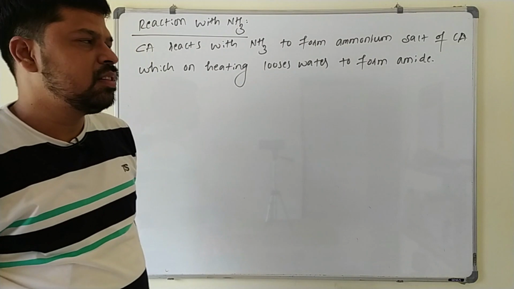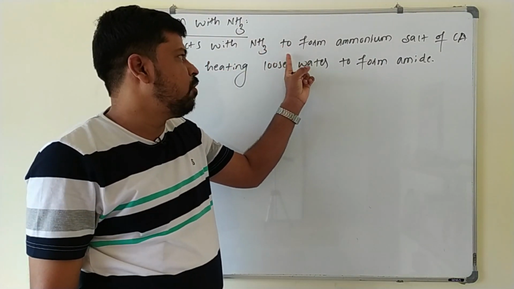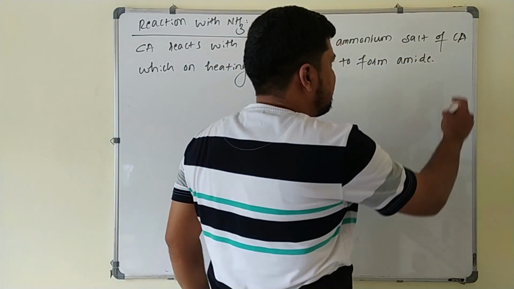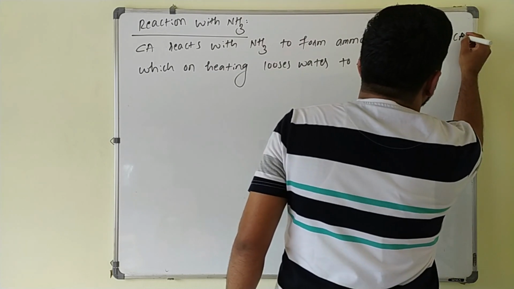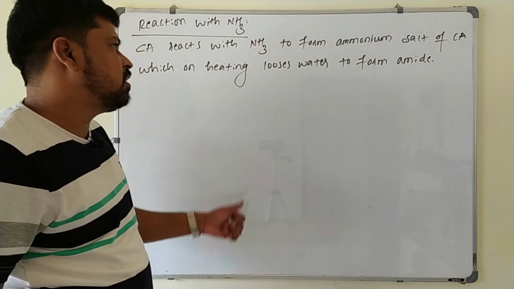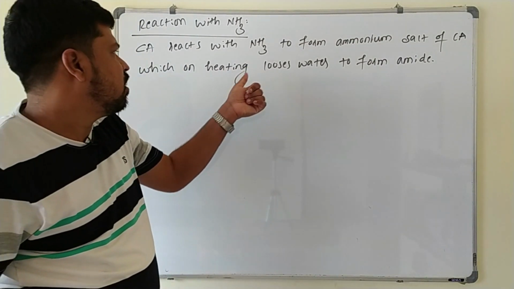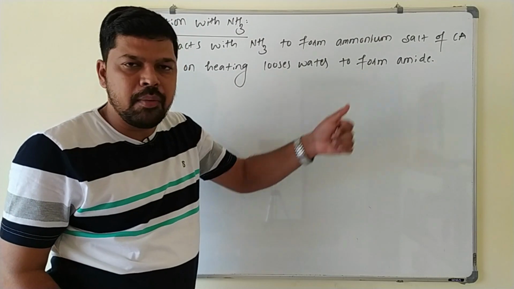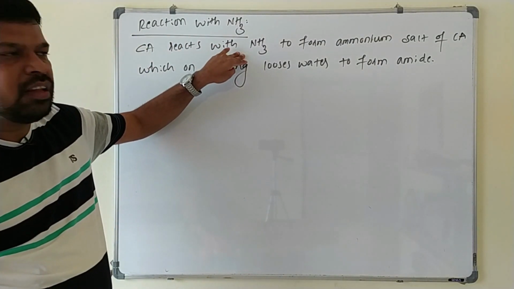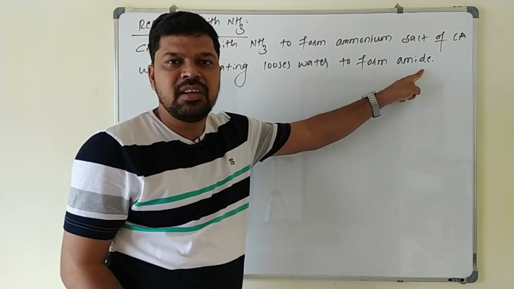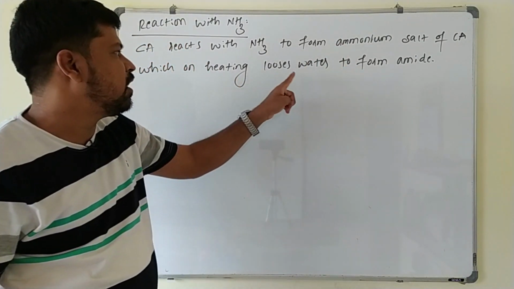Whenever these carboxylic acids react with ammonia, they form ammonium salt of carboxylic acid. In short, we have written carboxylic acid as Ca here. So there is a formation of a salt of carboxylic acid. That salt on heating loses water to form amide. So whenever carboxylic acid reacts with ammonia, your final product will be amide. First there is a formation of ammonium salt of carboxylic acid, which on heating loses water to form amide here.